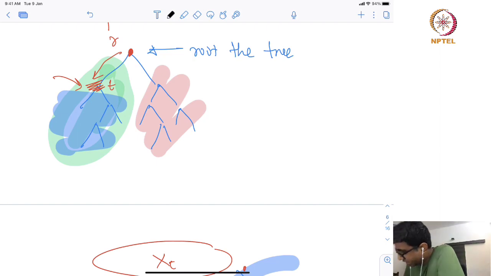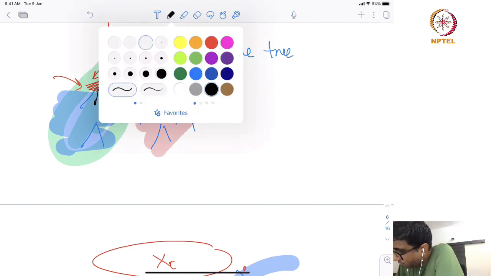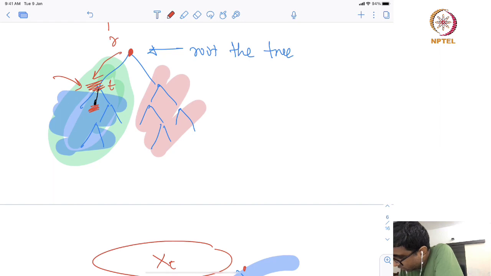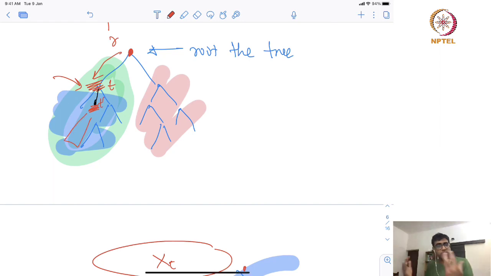Either this xt will do the job, or we move to a different t prime and ask, is this xt prime doing my job or not? Notice that the invariant I am maintaining is that the heavy component is in the subtree rooted at my current potential weighted vertex separator. Either that vertex does the job or I move below.